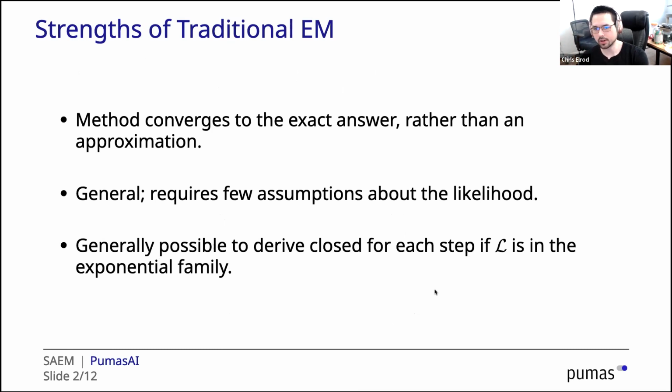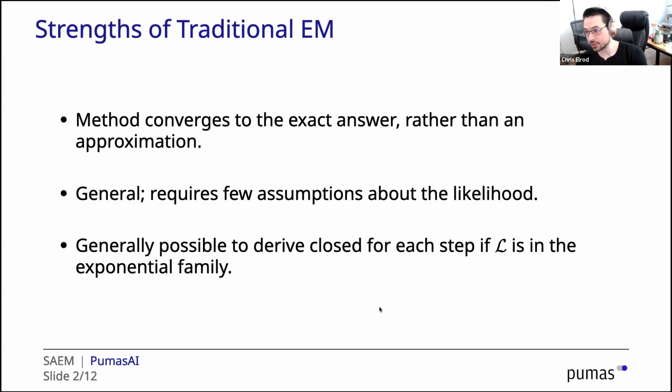So some strengths are that, as I just said, it converges to the exact answer rather than some approximation. It is also general. It requires few assumptions. So unlike, for example, FOCE, where we do not support that for time to event models, or if you have something like a t distribution as your error model, the EM algorithm is much more generic.